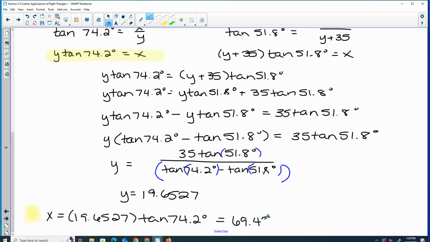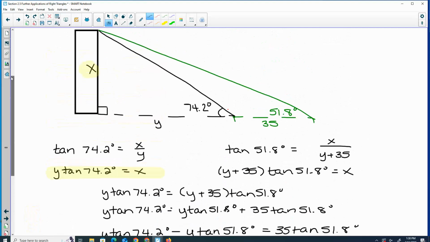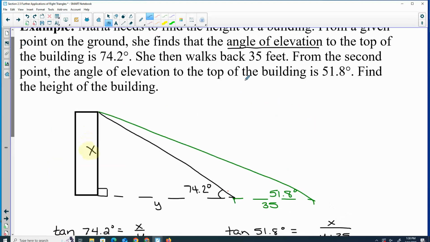So I get 69.45. How many significant digits were given in the problem? Yeah, some of these were 3. 35 is just 2. So if there's two different numbers, we go with the smaller. So we'll have to round this to 2 significant digits.